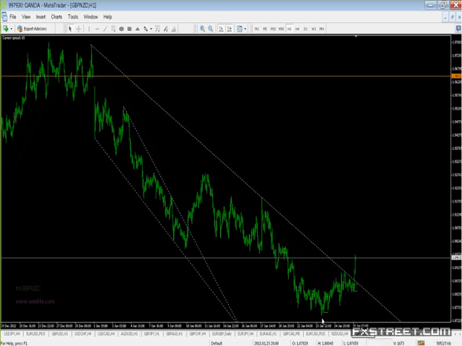And it may well be that we have a fairly significant low which has been established here around about the 187 area.